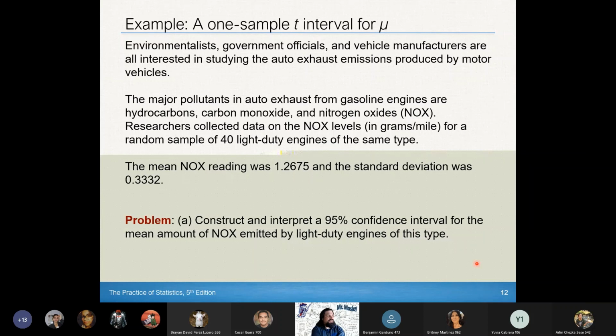Researchers collected data on the NOx levels in grams per mile for a random sample of 40 light-duty engines of the same type. The mean NOx reading was 1.2675. The standard deviation was 0.3332. We want to construct and interpret a 95% confidence interval for the mean amount of NOx emitted by light-duty engines of this type.